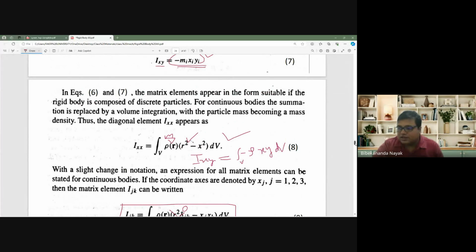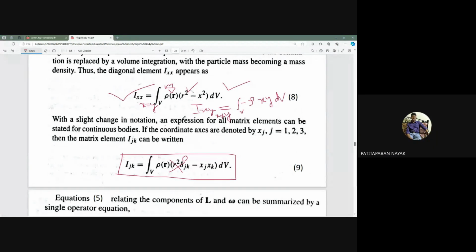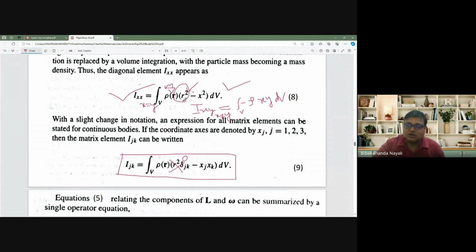Now combine these two. I can write it like this. For this, x is not equal to y, but here x is equal to y. Is there a difference or not? When x is equal to y, there is an extra r square term, because x equals y means x square, so there is an extra r square term.